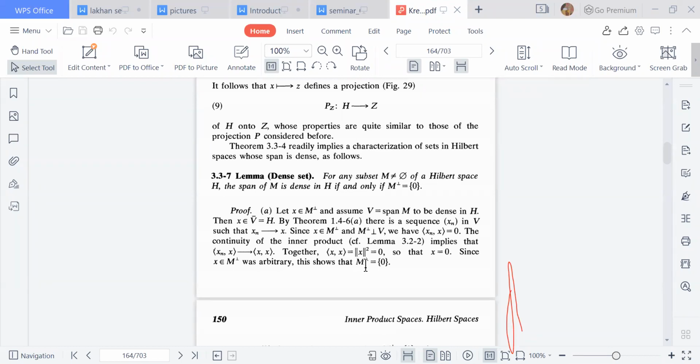Inner product X comma X is equal to norm of X square, which is equal to 0, so X is equal to 0. Since X belonging to M complement was arbitrary, this shows that M complement is the set of only one element, that is 0.